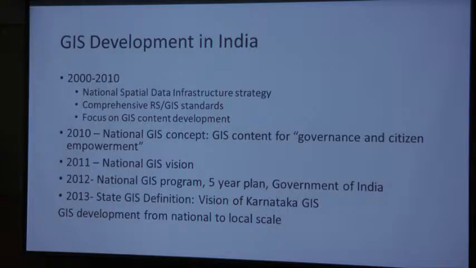A national GIS visioning program has been implemented through a 5-year plan. And a state GIS definition has been launched, following the model of one particular state, Karnataka, where Bangalore is located, called the Vision of Karnataka GIS. So we do see GIS development from national to local scale.